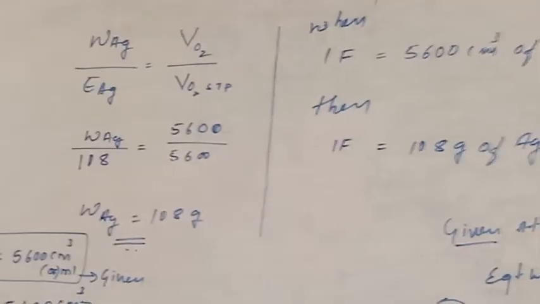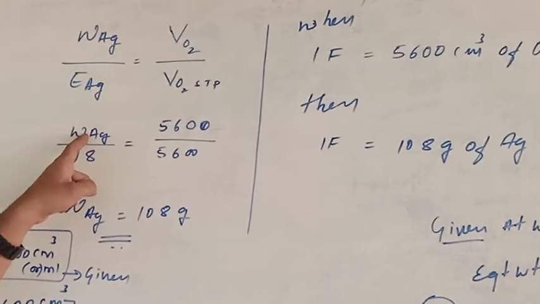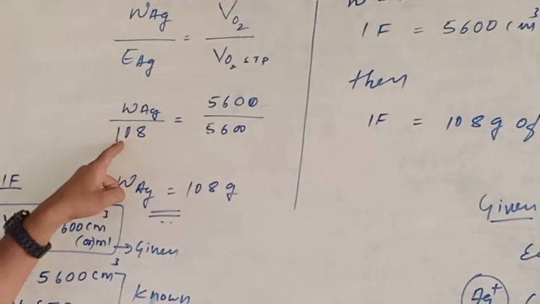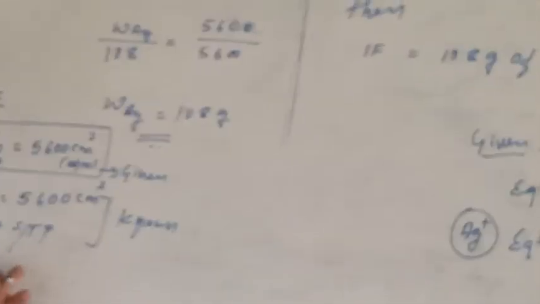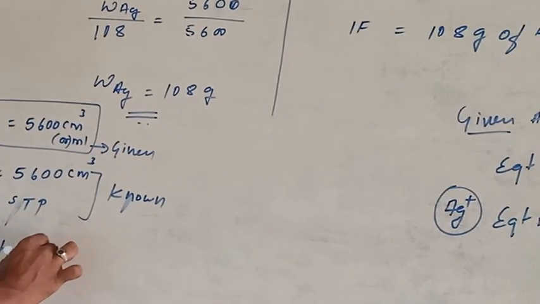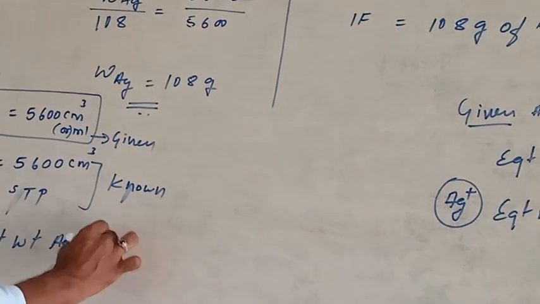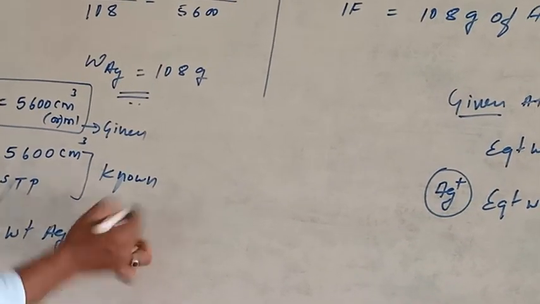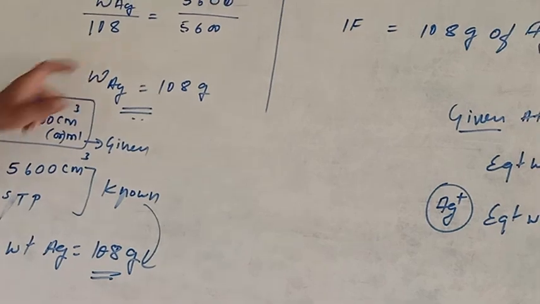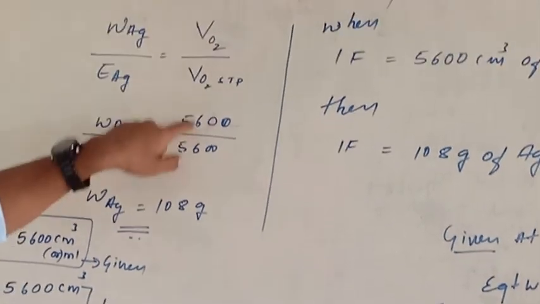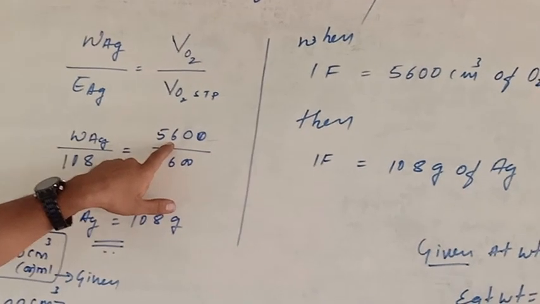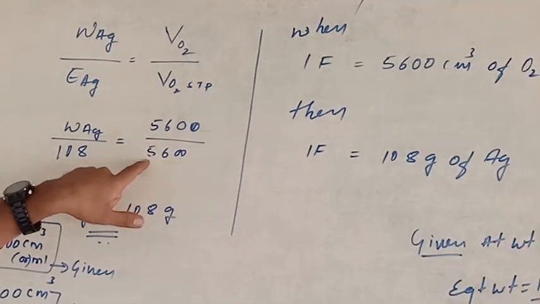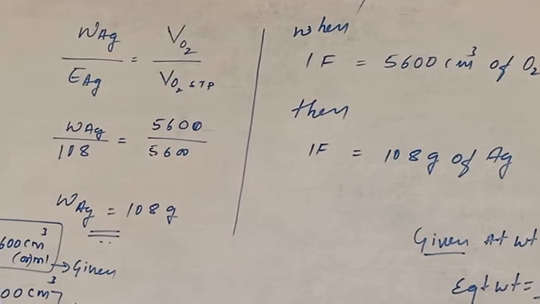Now the weight of silver we need to find out, W of Ag by equivalent weight of silver. The equivalent weight of silver is 108 gram, this value is also known, which is equal to the volume of oxygen, 5600 cm3 or ml given in the problem, by 5600 cm3 itself.